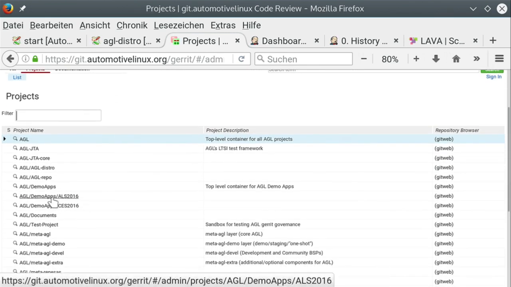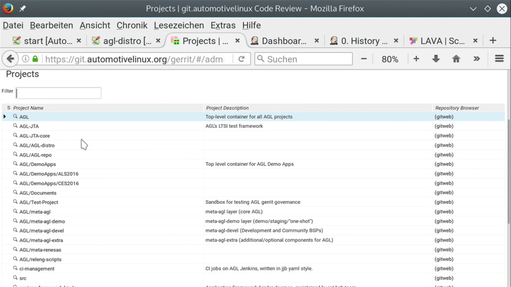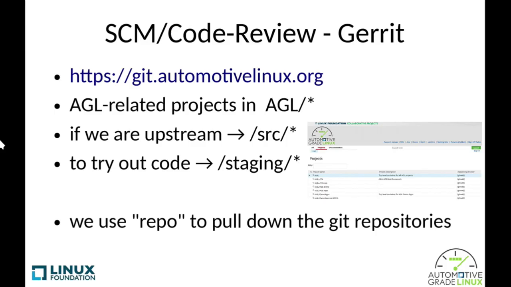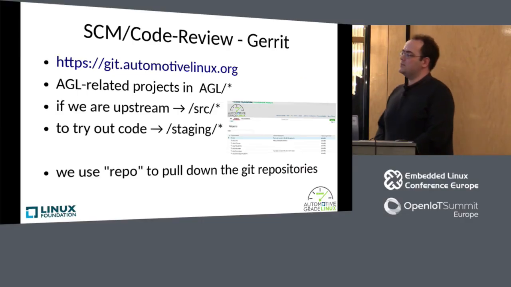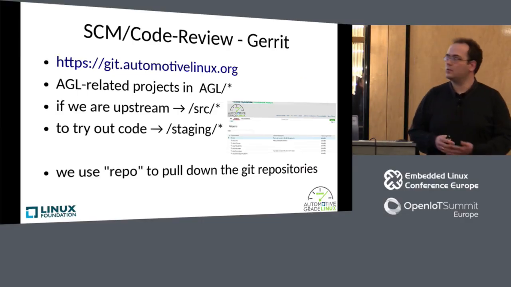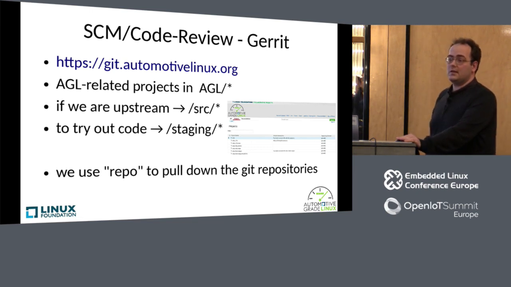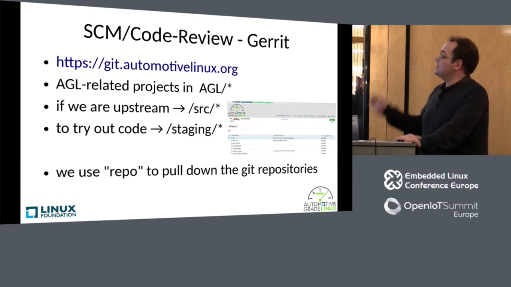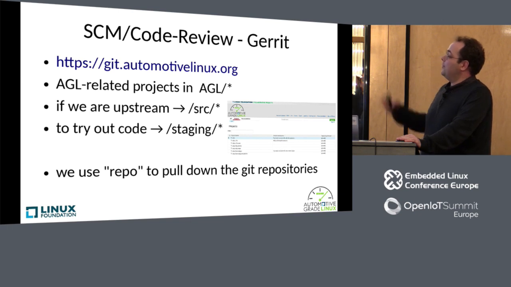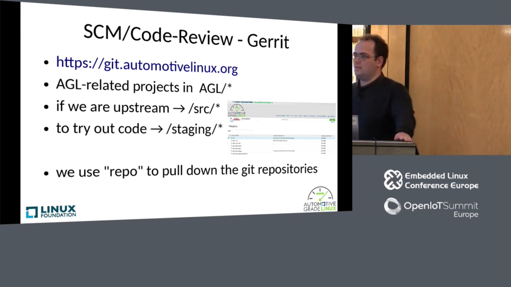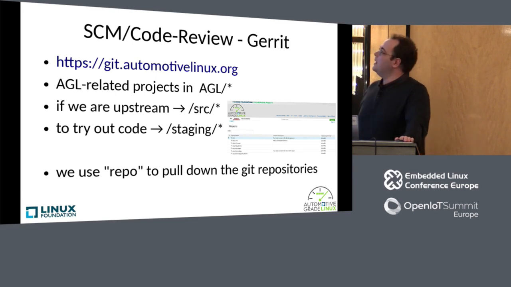Everything that's prefixed with AGL, that's our main projects. And let me switch back. We have a few repos where we are the upstream, that's in source, and we have some scratch space where we want to try stuff out, poke at patches, that's in staging. For the main part, we use repo to pull down the repositories.